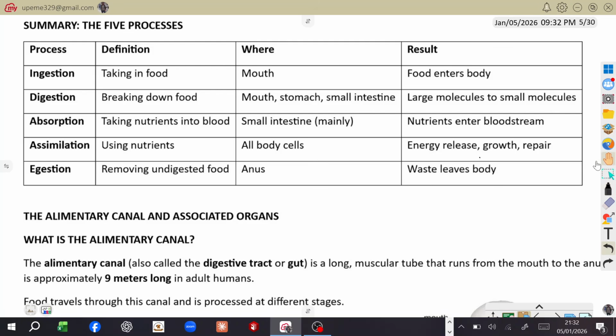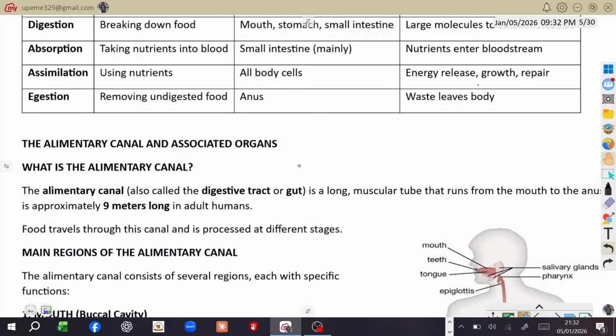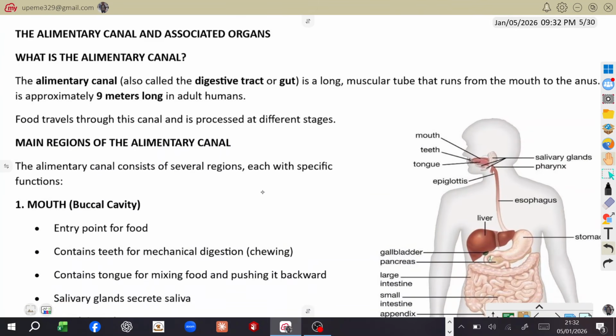All right, so now we move to the next specific outcome that the syllabus asks us to teach. We go to the alimentary canal and associated organs. The first question is, what is the alimentary canal? If you are asked to define the alimentary canal, you must say the alimentary canal, also called the digestive tract or gut, is a long muscular tube that runs from the mouth to the anus.